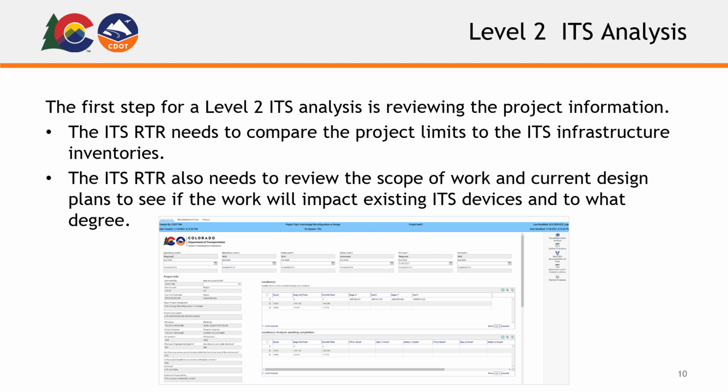The first step for a Level 2 ITS analysis is reviewing the project information. The ITS RTR needs to compare the project limits to the ITS infrastructure inventories. The ITS RTR also needs to review the scope of work and current design plans to see if the work will impact existing ITS devices and to what degree.